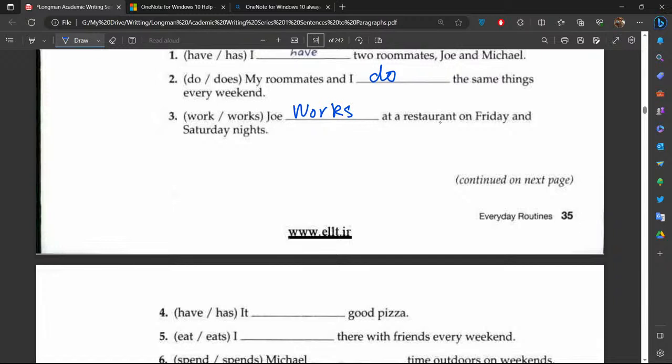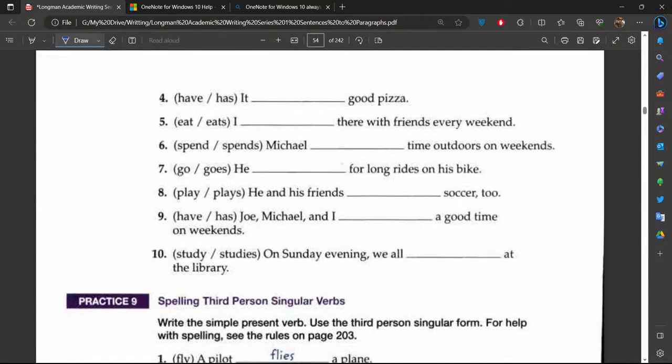Joe works at a restaurant on Friday and Saturday nights. Have, has: it, with it we will be using has. Good pizza. Eat, eats: I eat there with friends every weekend.